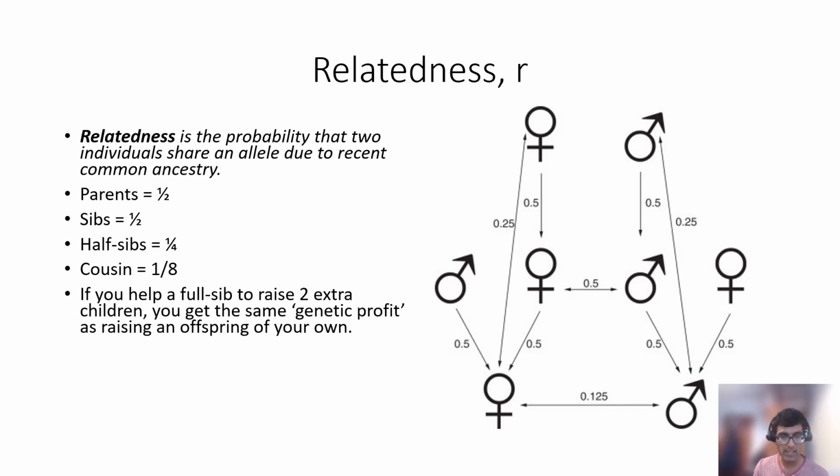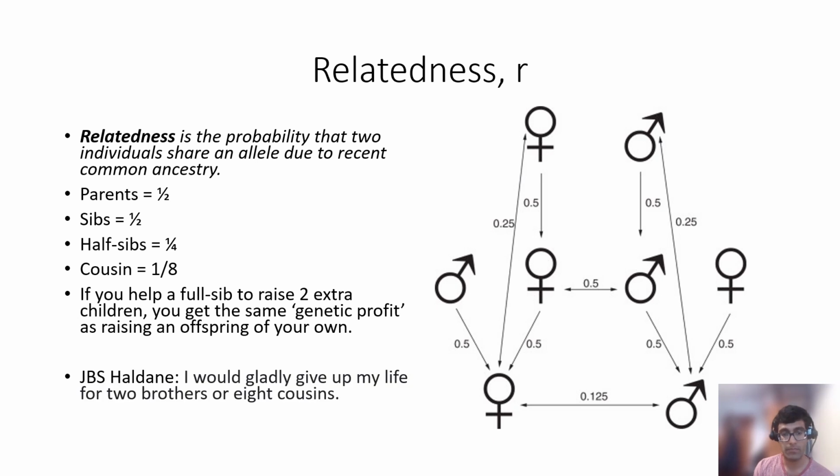The benefit of 2 extra children would be multiplied by the relatedness, which is a half, which makes 1. And the genetic profit you get by raising an offspring of your own is obviously 1. You're raising 1 offspring. And so those are equivalent.